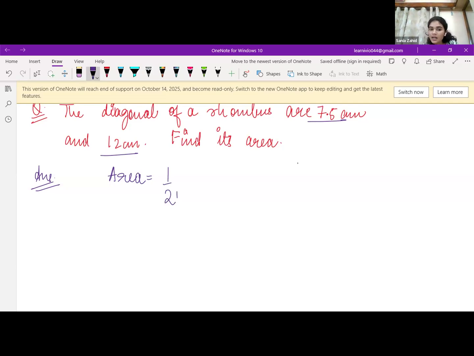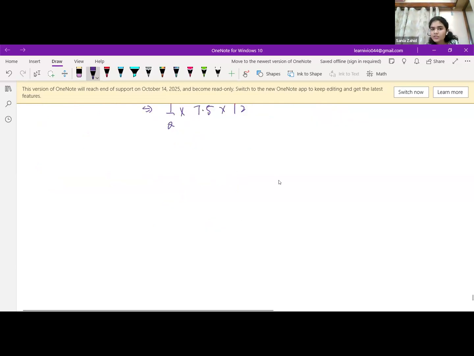So area is half into diagonal 1 into diagonal 2, right? So it is half into d1, 7.5, into d2, 12. Now children, look very carefully. Just cancel 2 and 12: 2 into 1, and 2 into 6 is 12. Just multiply 75 and 6.